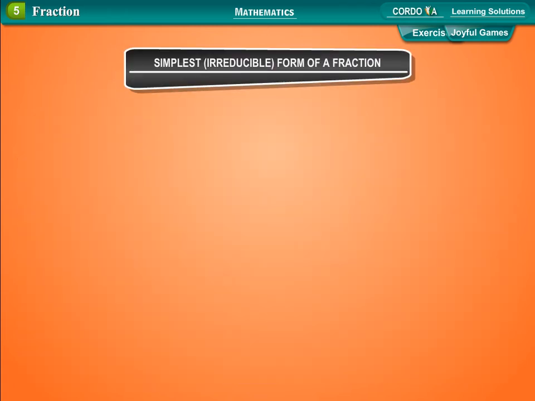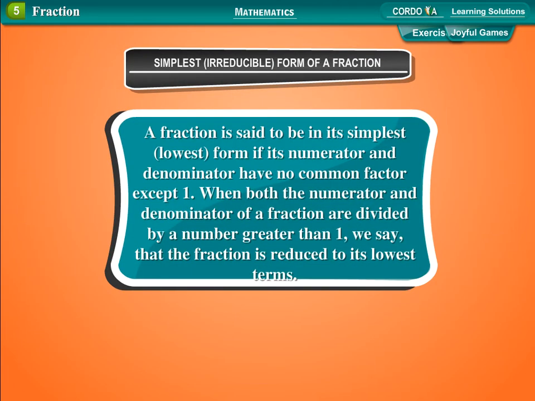Simplest irreducible form of a fraction. A fraction is said to be in its simplest, lowest form if its numerator and denominator have no common factor except 1. When both the numerator and denominator of a fraction are divided by a number greater than 1, we say that the fraction is reduced to its lowest terms.